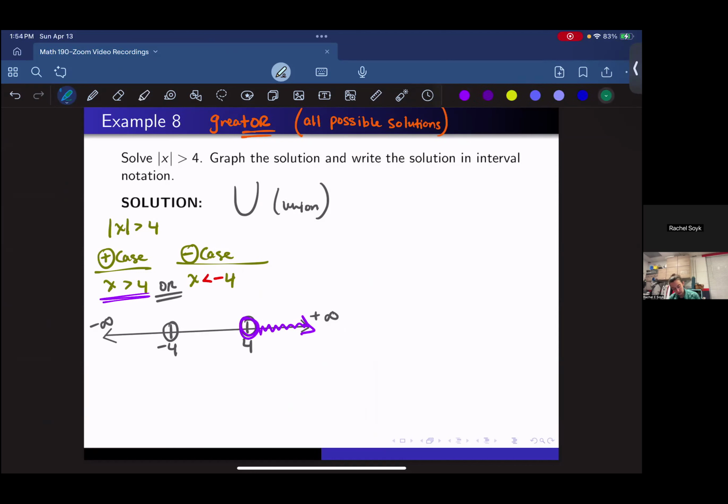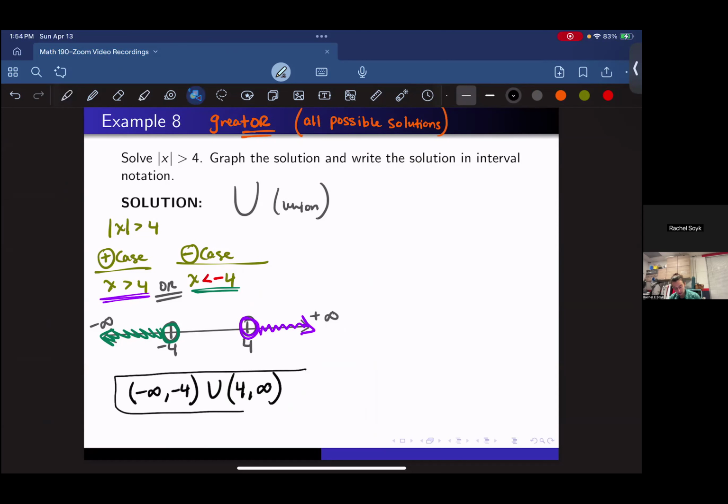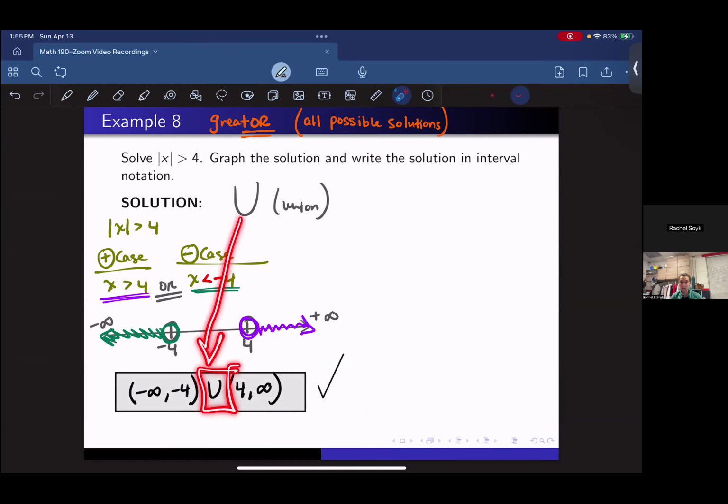And then we have x is less than -4, we shade to the left. We're representing everything. So in interval notation, this looks like all values from -infinity to -4, soft bracket, union, soft bracket 4, all the way up to +infinity. And we are done. Hence, "or" is linked with unions.